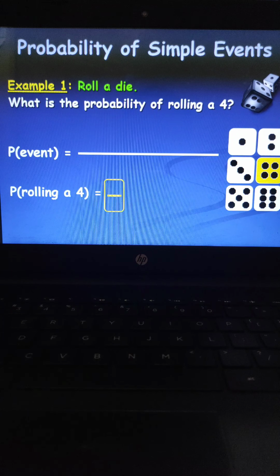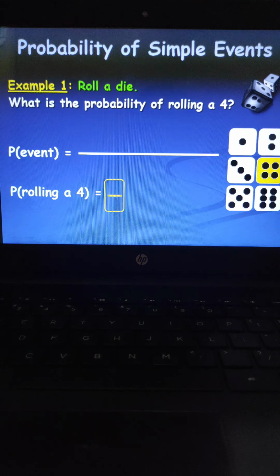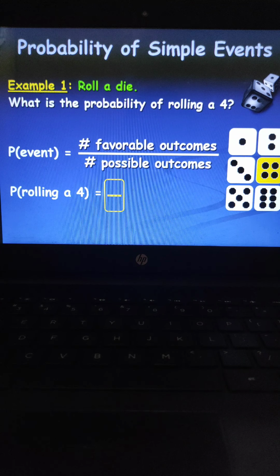To solve for the probability of the event, we write P(event), which is rolling a 4. We write the number of favorable outcomes over the number of possible outcomes. The number of favorable outcomes is 1.